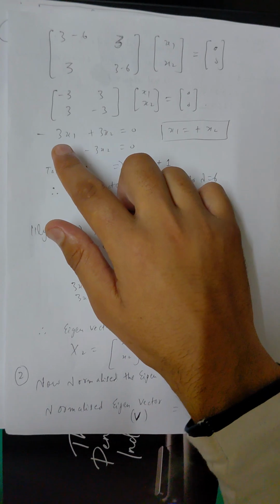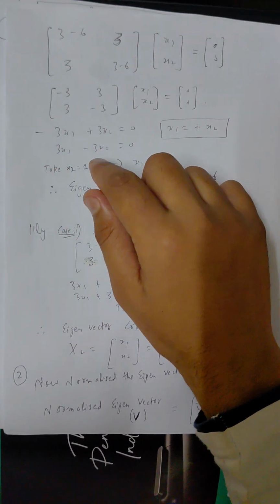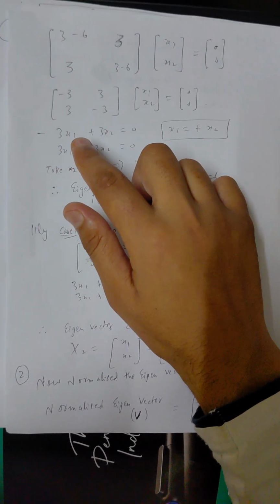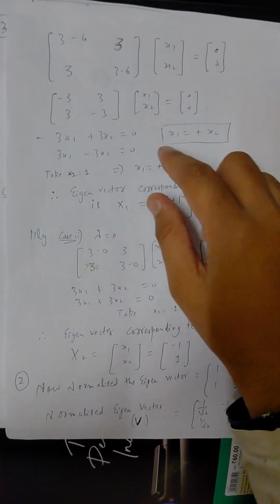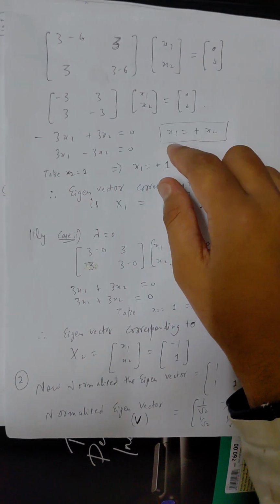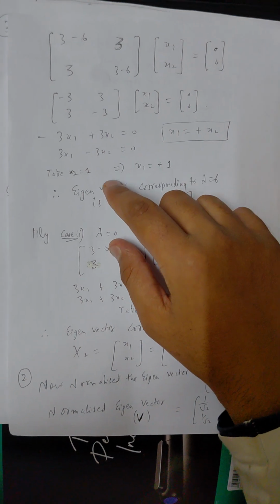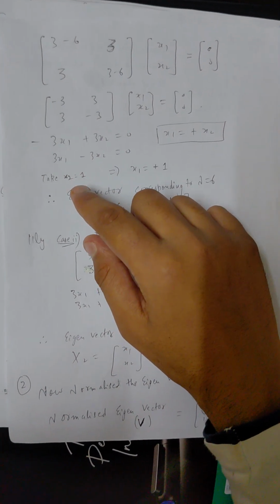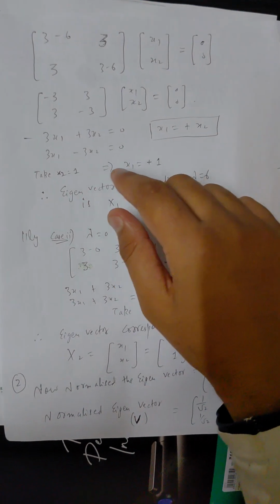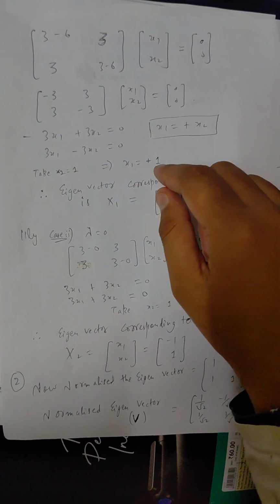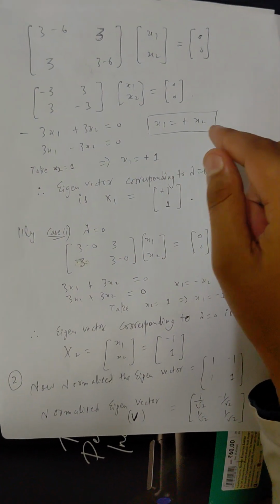As you can see here, both the equations are the same. This equation and this equation are same. So when you equate, you get x1 equal to x2. As both x1 and x2 are the same, we will assume x2 equal to 1, and we get x1 equal to 1 also.